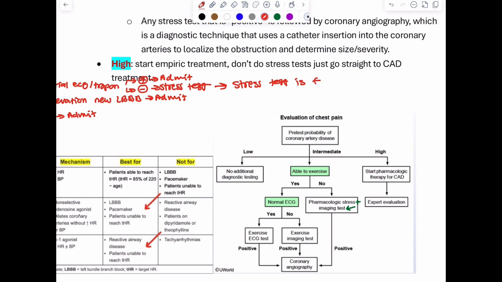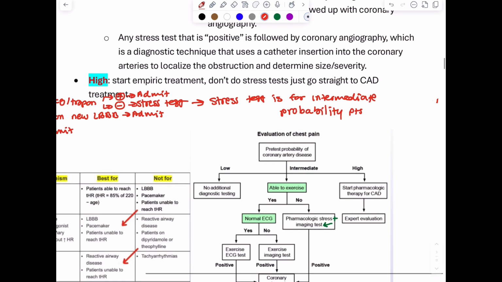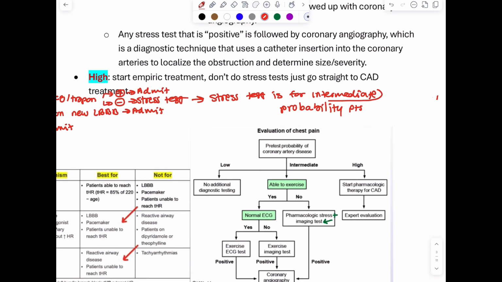And then we said that the stress test is for intermediate probability patients. And we talked about how we calculate if someone has intermediate probability or low probability or high probability. You're gonna look at the features of angina.